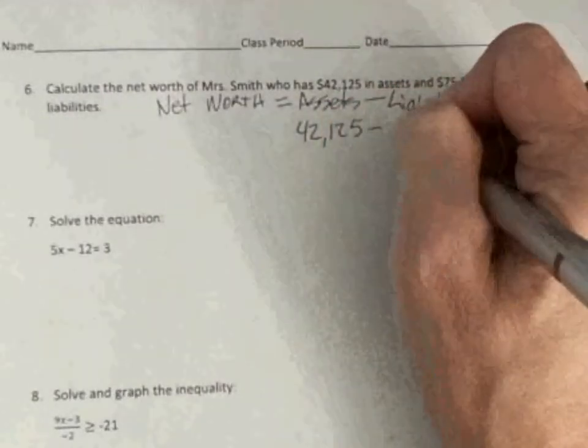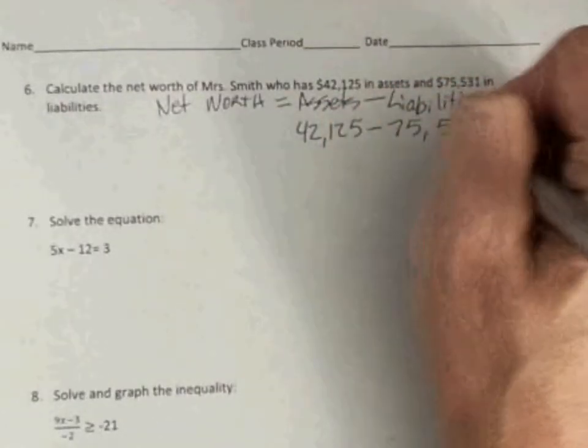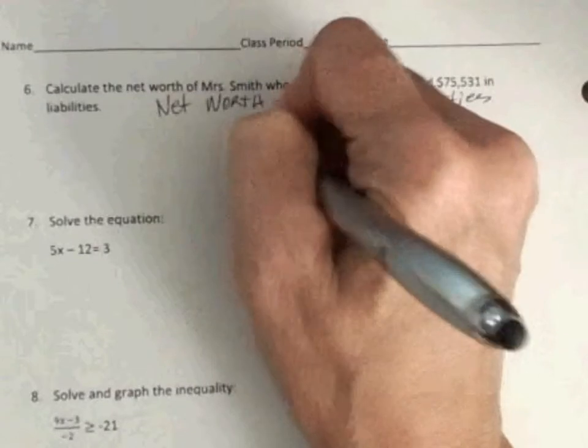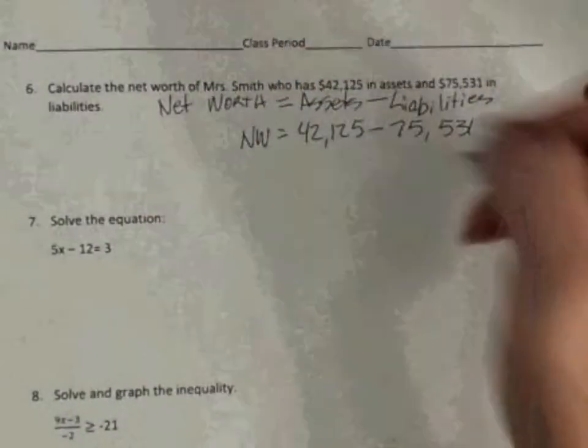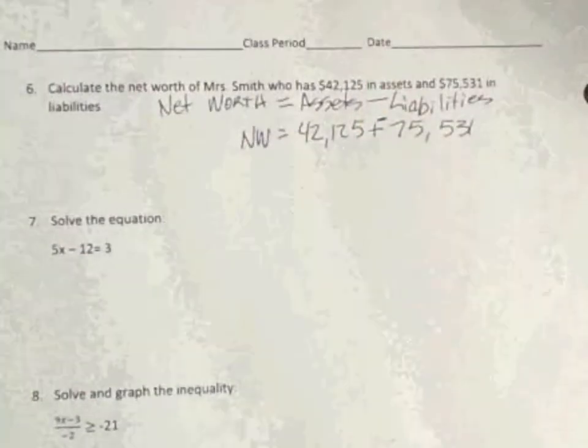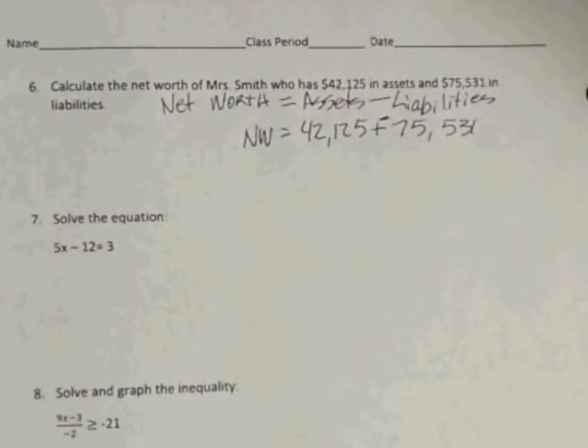We're going to subtract from her liabilities, and we see 75,531 is larger than the 42,125, so we know that her net worth is going to be negative.